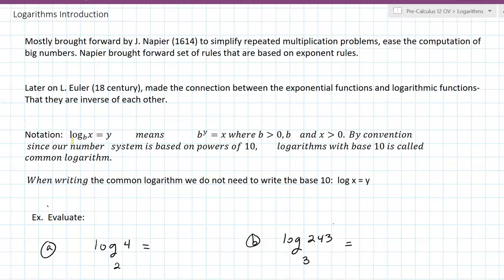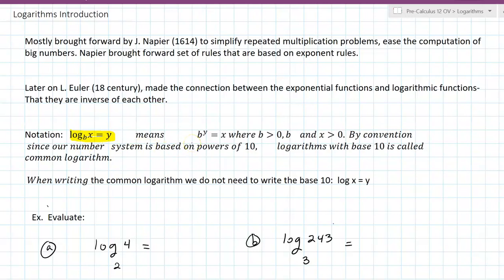All right, now notation and definition. So the notation first, very important notation, which is the way it's written: logarithms, the short abbreviation log, that is the short abbreviation for the logarithmic expression. So the way we will read that is we say log of x base b equals y.